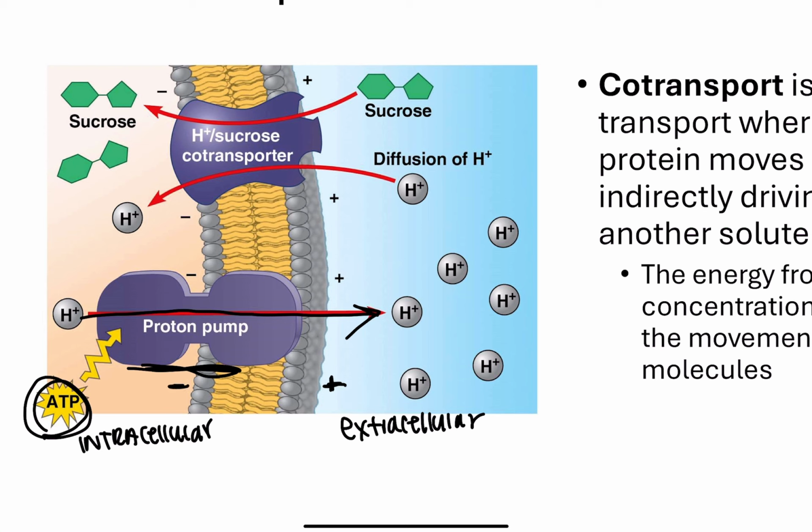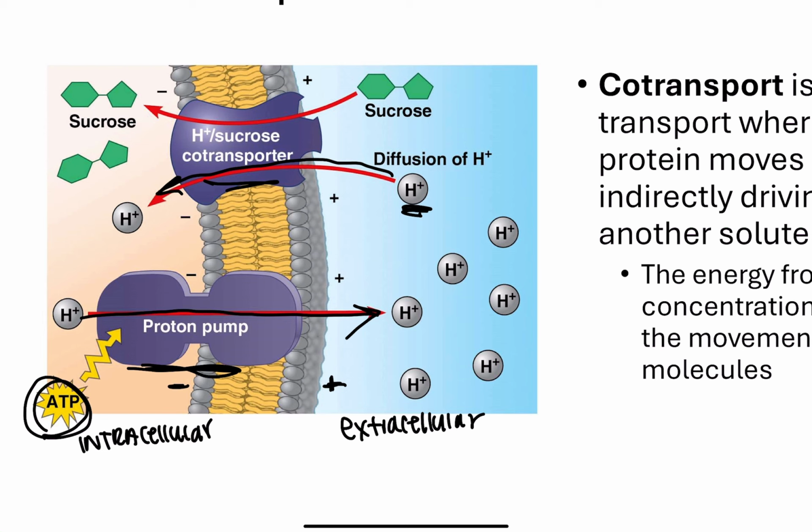So what happens is that we're going to have this hydrogen sucrose co-transporter up here, and this co-transporter is going to allow these hydrogen ions to diffuse back into the cell passively down their gradient.